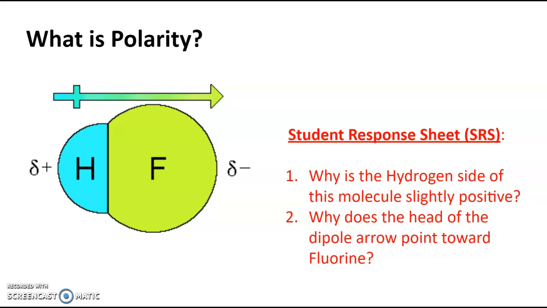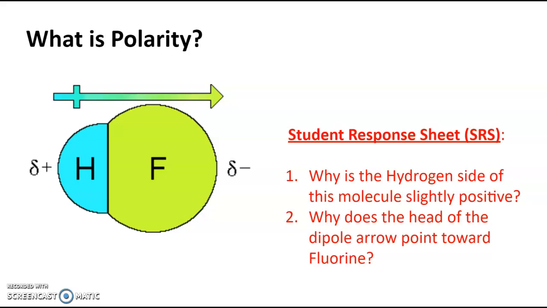So fluorine and hydrogen are sharing 2 electrons in this image, but they're not sharing equally. The fluorine can attract a little bit more of the electron cloud to itself, and because it attracts a little bit more of the negative electrons, it becomes a little bit negative on the fluorine side, and then the hydrogen side gets to be a little bit positive.